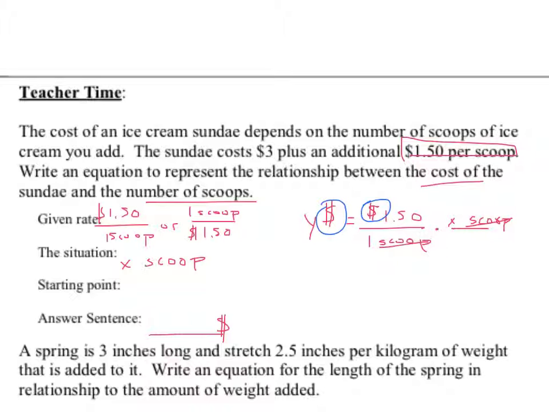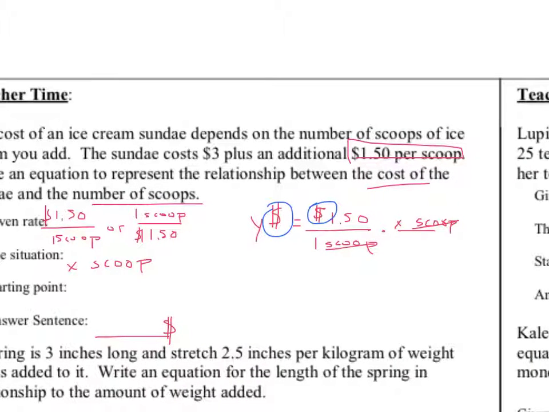What is that y-intercept? Isais? $3. Now, one thing to notice about this $3 is that the units are dollars. I'm adding $3 for the initial price. All of our units that are left, dollars is equal to dollars plus dollars. That makes sense. You can't have dollars equal to dollars plus scoops. Right, that doesn't make any sense.